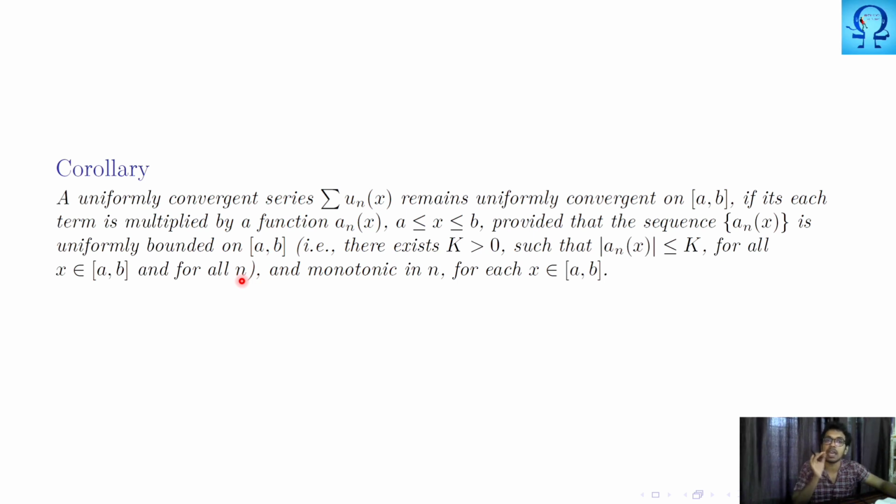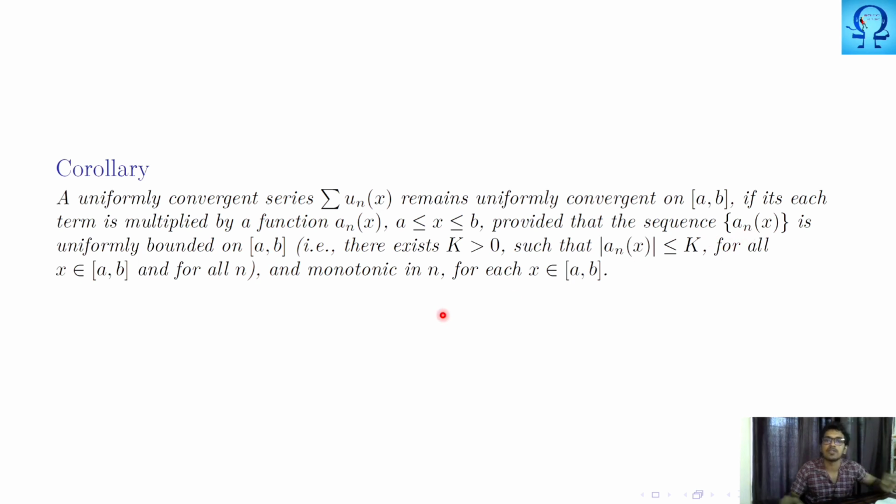Okay, whenever we say it is bounded, that means either we are fixing n or x. We are not fixing both. When we fix both, it turns out to be a single value. When we fix only one quantity, we get boundedness, not uniform boundedness. When we vary both x and n, what we get is a uniform bound.